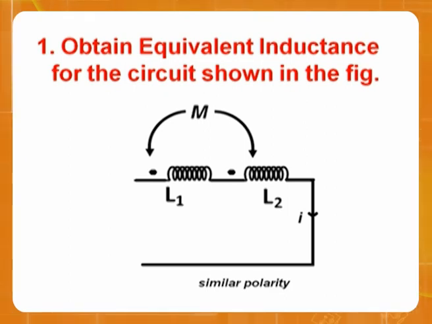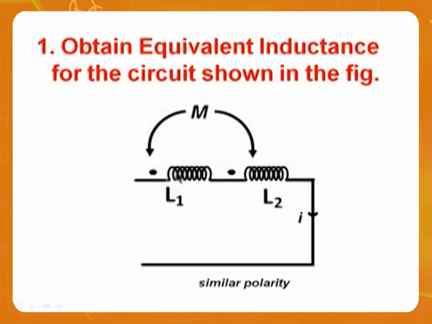Now I am considering it. Dots must be there or M must be there to say that there is coupling. Look here. This is a dot, entering. This is also entering. That means both are similar. Both are entering, therefore the induced EMF is the same as the self EMF.